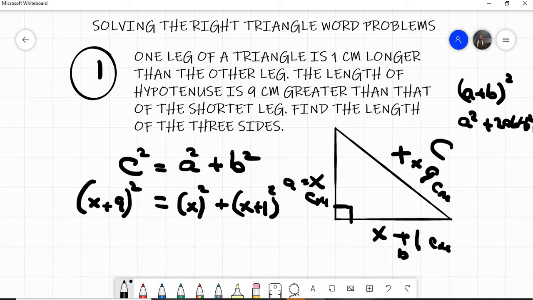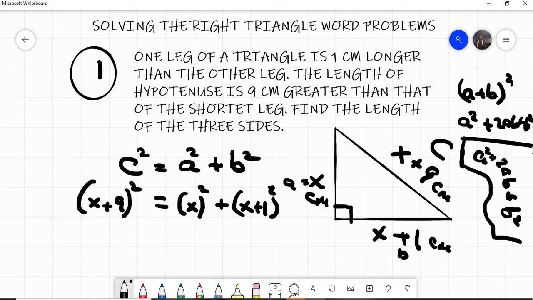The reason is, we square the first one, then we multiply a and b and double it because of the square, and then the last one we square. So it's going to look like a squared plus 2ab plus b squared. So we must do it like that.